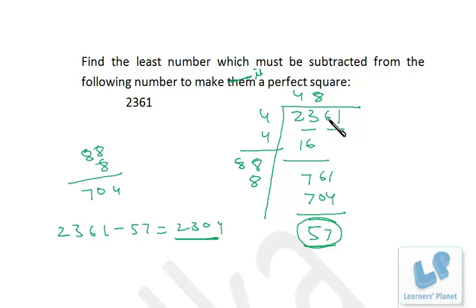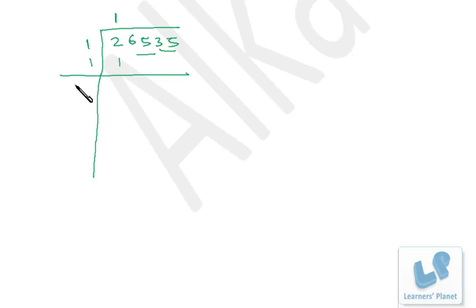I'll take one more example. Now I have a number 26535. Okay, now 1 1 1, it's 1 6 5. 22 2, 23 3, 24 4, 25 5, 26 6, 27 7. 7 sevens are 49, 7 twos are 14 plus 4, 18.